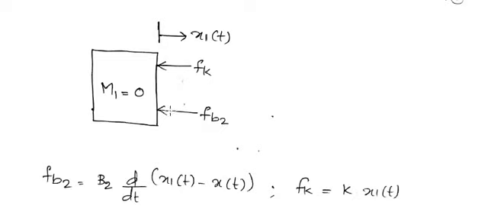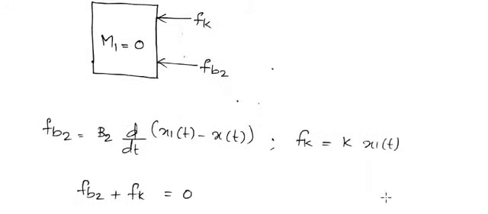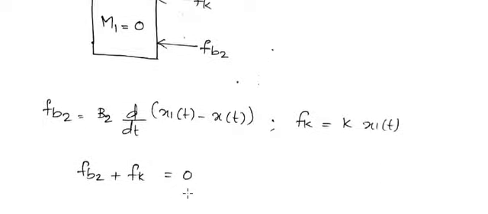K is just connected to M1 only, so we have to consider the displacement of M1 only. So Fk equals K into x1(t). By applying D'Alembert's principle, we have Fb2 plus Fk equal to 0. Here we don't have any direct applied forces, so the right hand side is 0.